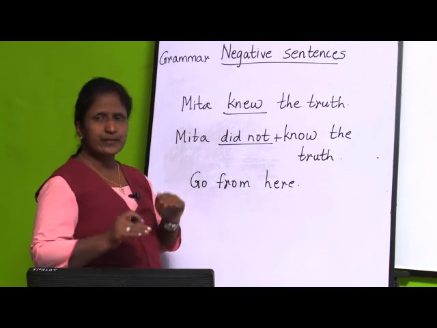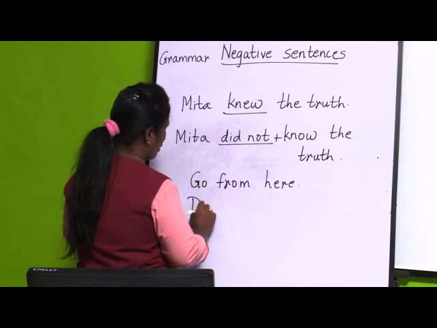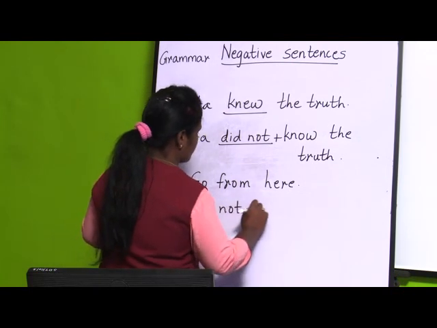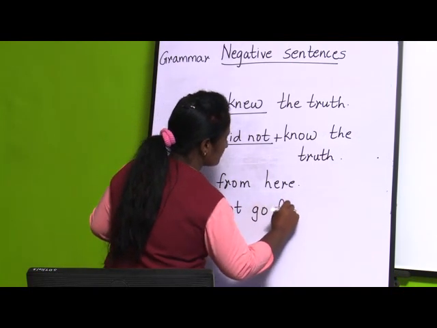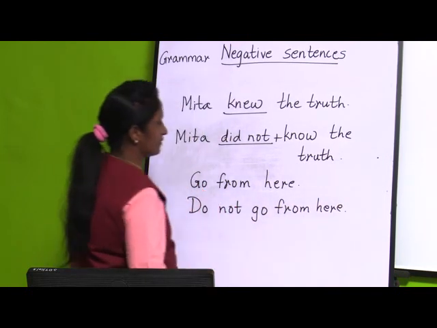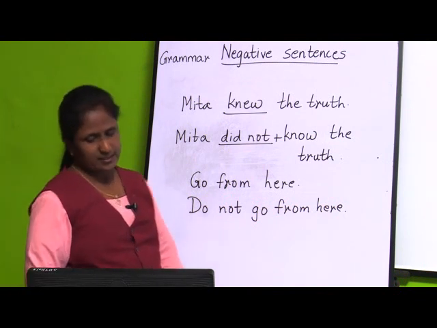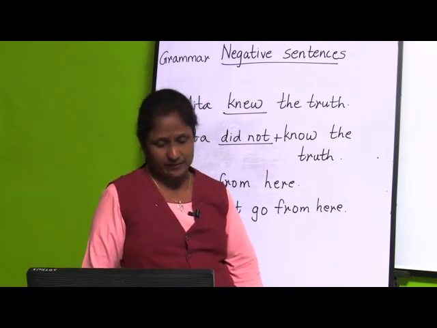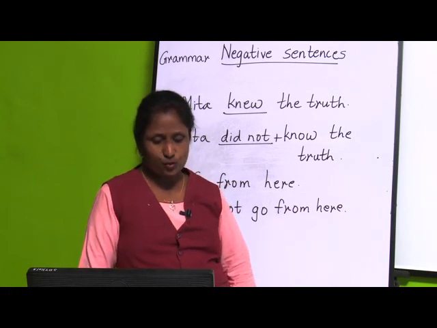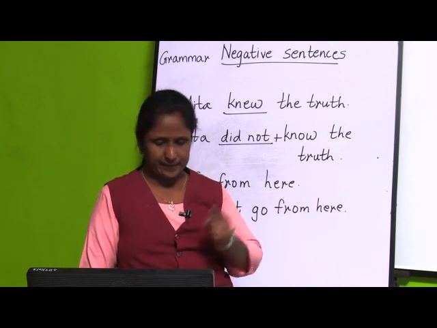In case of an imperative sentence, the words do not will be used first. Do not go from here. When we use the imperative sentence, we use do not at the beginning of the sentence to form the command's negative. Next sentence they have given, throw this in the dustbin. Do not throw this in the bin.